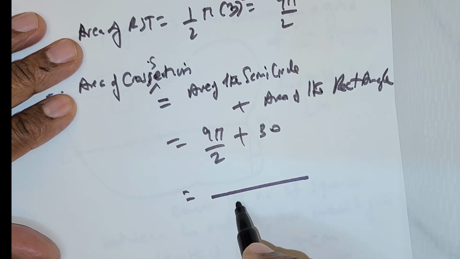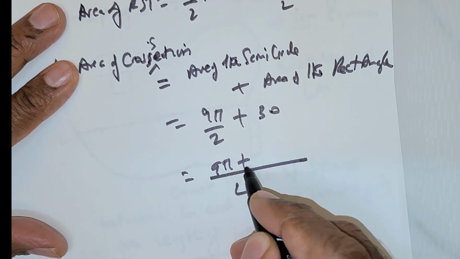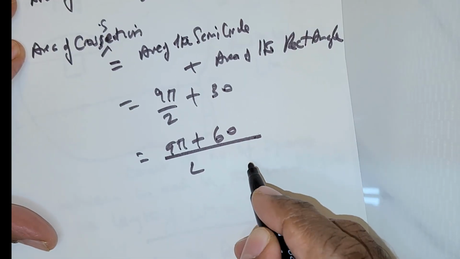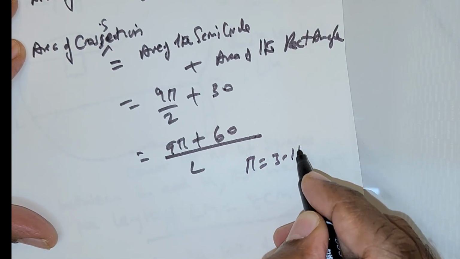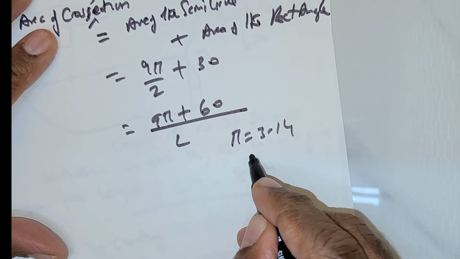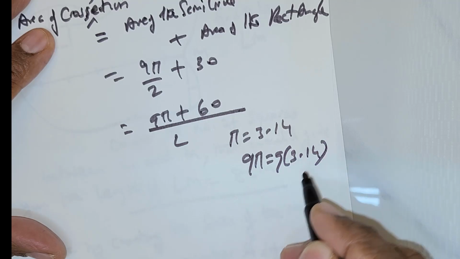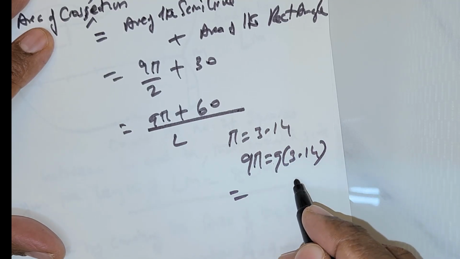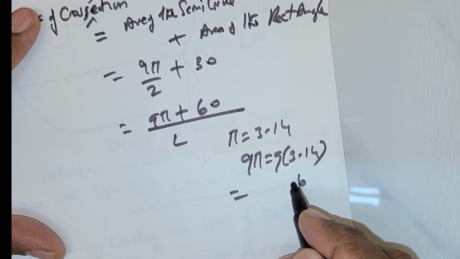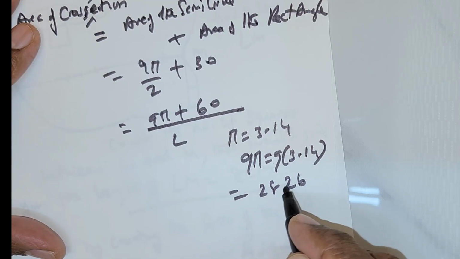So taking the LCM is 2. I hope you're watching this. You have 9 pi plus 60. Now I take pi to be 3.14. Okay. So 9 pi is going to be 9 multiplied with 3.14, which is going to be 28.26.